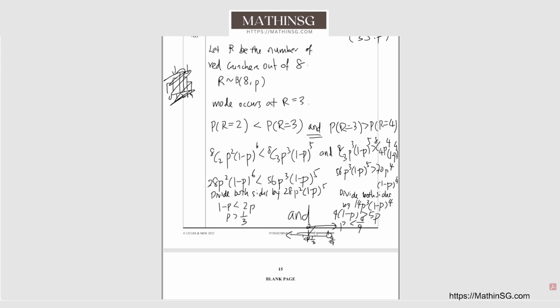So taking the intersection, P is in between 1/3 and 4 over 9. So the range of values P can take is from 1/3 to 4 over 9.